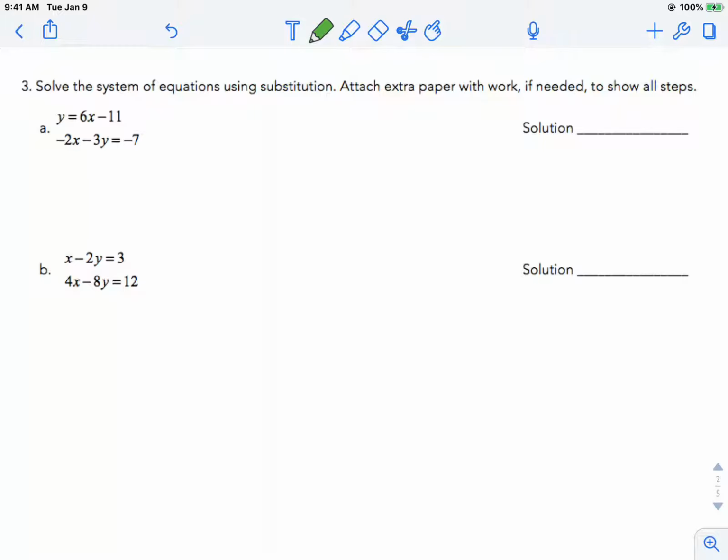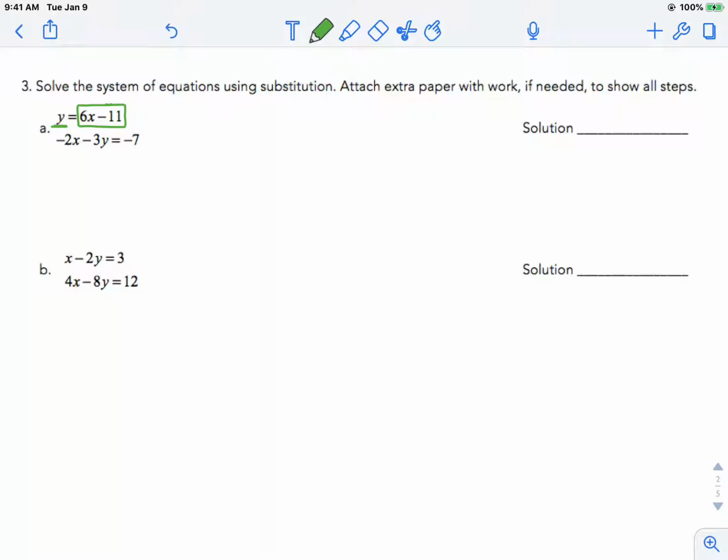So the idea with substitution was we wanted to see if one of the equations in the system was already solved for x equals or y equals. If it wasn't, we needed to get it solved for x equals or y equals. In the first equation, I see that one of them already is. The y is already solved for, so we would box up and say that it's replaceable with 6x minus 11.